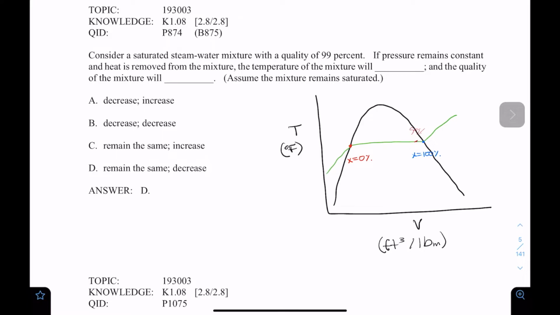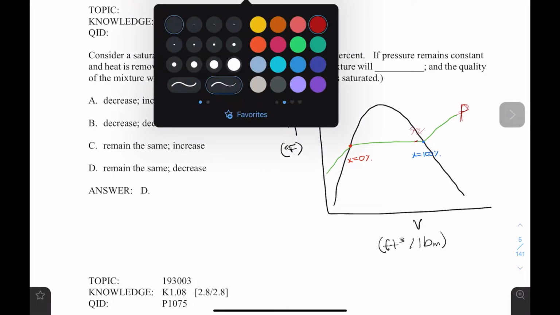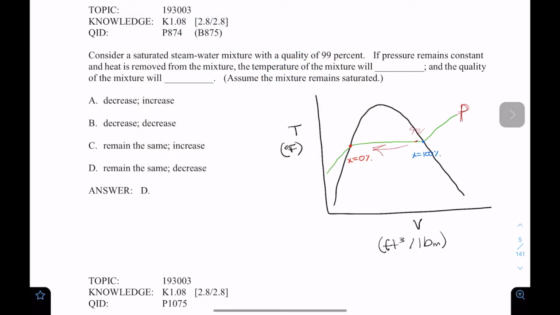If pressure remains constant, so it's telling me the pressure is going to stay here, and heat is removed from the mixture. So I'm removing heat. Which direction am I going? I'm going this direction because I'm removing heat.